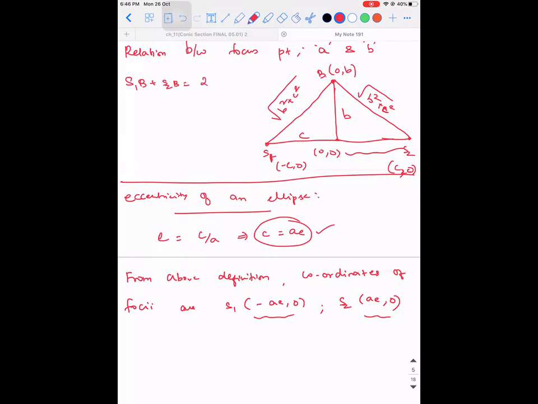It is 2 times A. But S1B plus S2B is root of B square plus C square plus root of B square plus C square. Can I write it as 2 root of B square plus C square is equal to 2A? So 2 and 2 will get cancelled. Squaring on both sides, what do you get? C square is equal to A square minus B square. Is that clear?